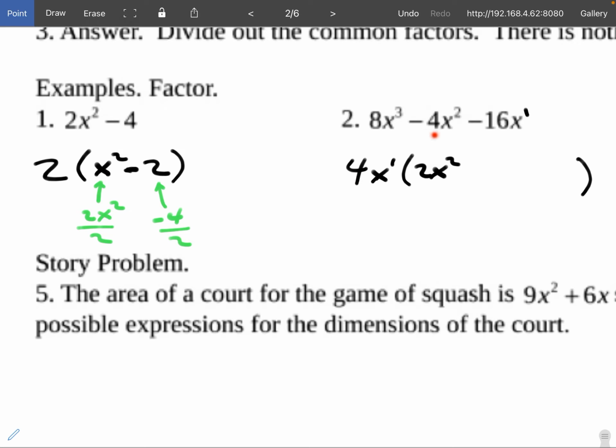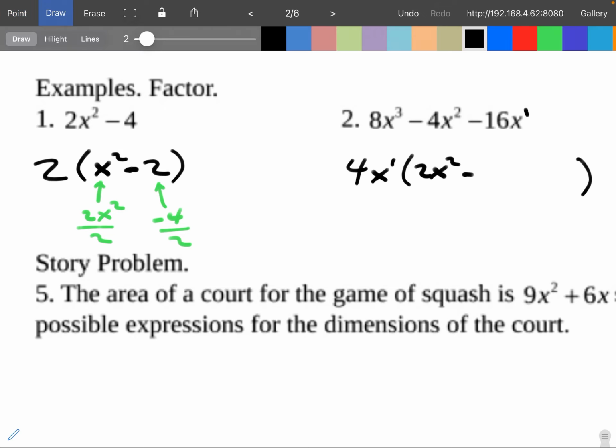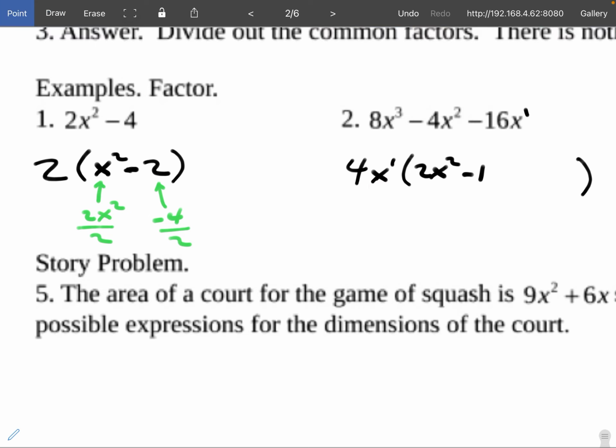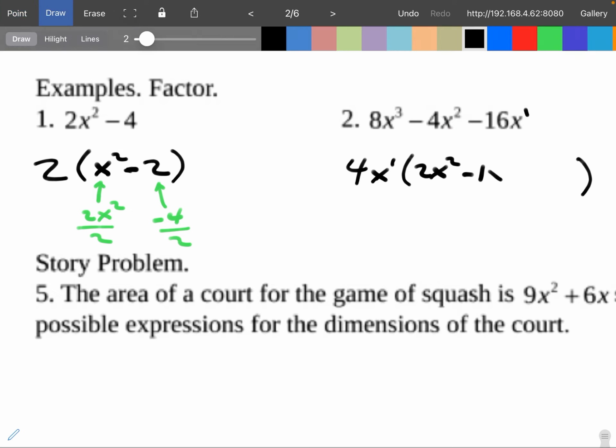And then you could do it this way too. You could say 4 times what would give you negative 4? What's that? Negative 1. And then you could also say x times what would give you x squared? Good. And again, if you're having trouble with that, you can always do it this way too.